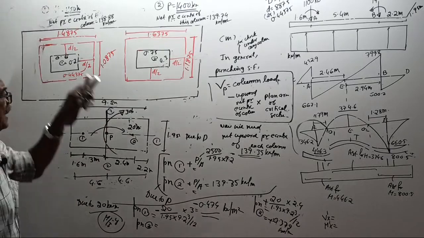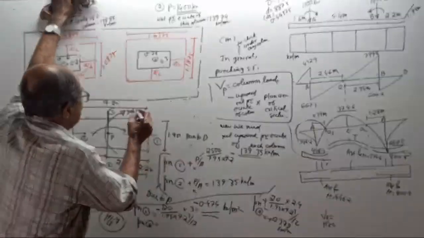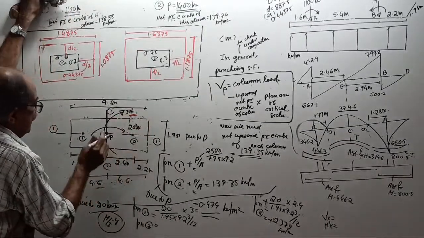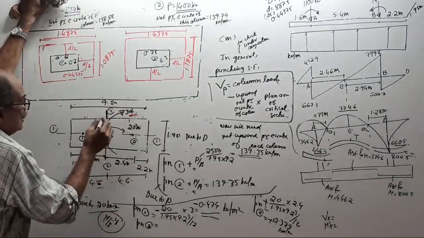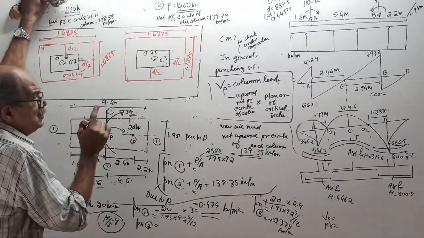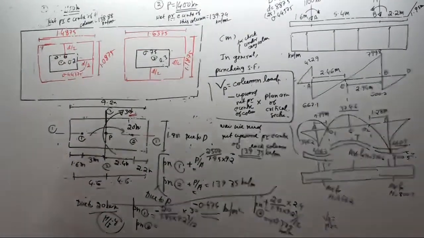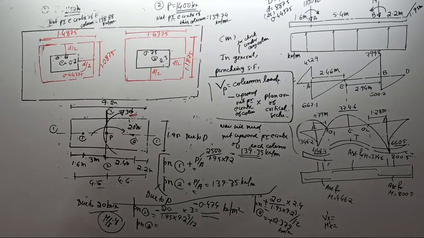Therefore, due to 30 kN meter, no stress. 30 has no effect. Its variation is like this. Because for 30, this is the neutral axis. These 2 points lie in the neutral axis. Therefore, no effect. Clear or not? If not clear, tell me first.